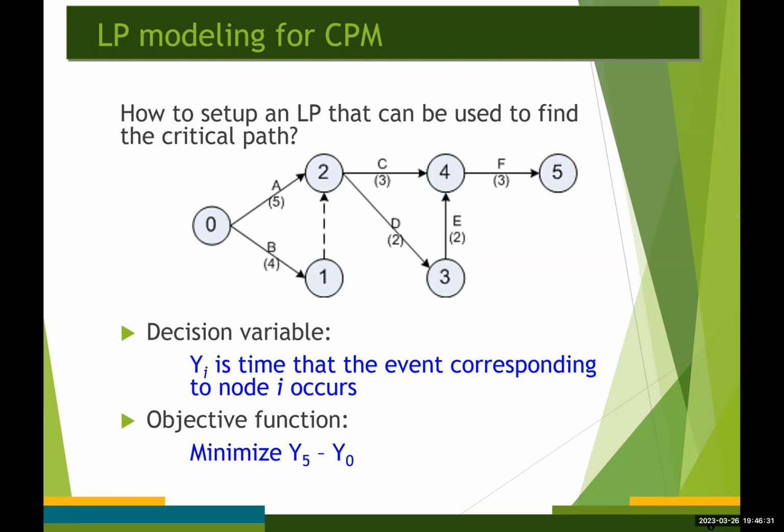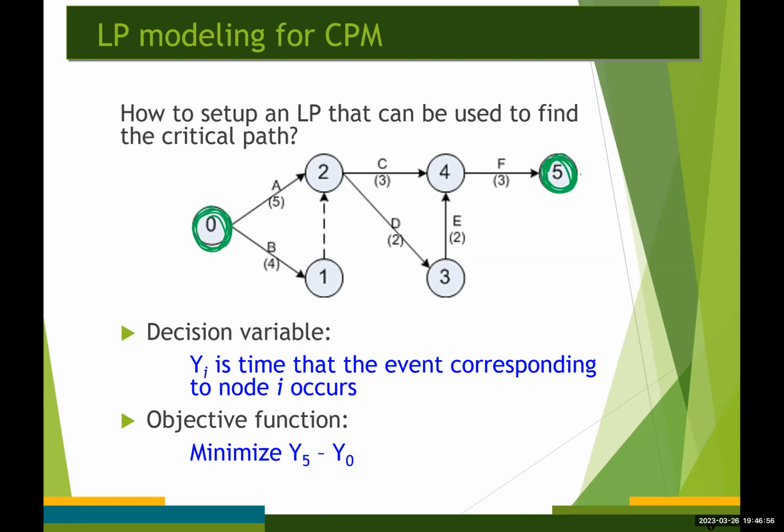In this AOA network diagram, node number 0 represents the beginning of the project, and node number 5 represents the completion of the project.